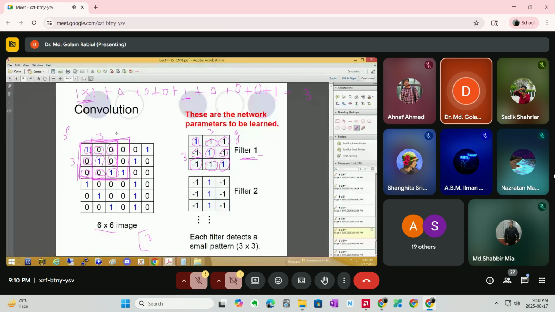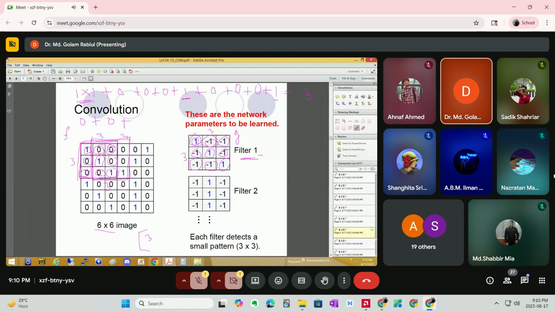So then what we will get? We will get the next 3 by 3. Then again, it will perform the same convolution operation. Here is 1 and here is 0, so we will get 0, plus the next 0 and here is negative 1, so that is 0.